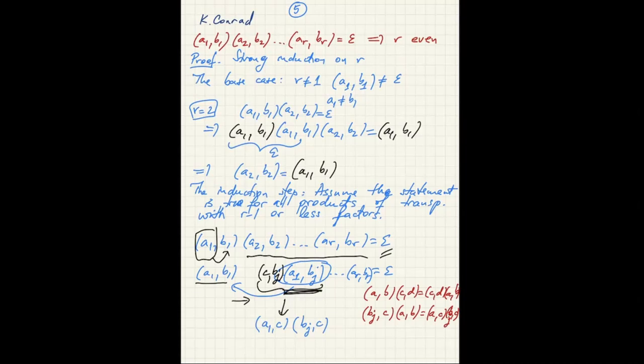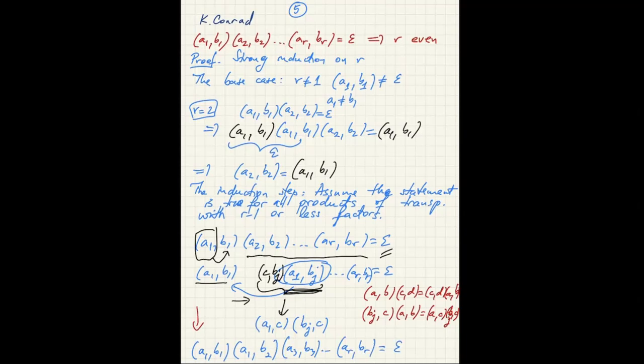So you can continue this procedure until we end up with the first transposition unchanged, but the second one will be something involving A1. So let's just write it as A1, B2, and the number of factors has not changed, and we still have R factors on the left.